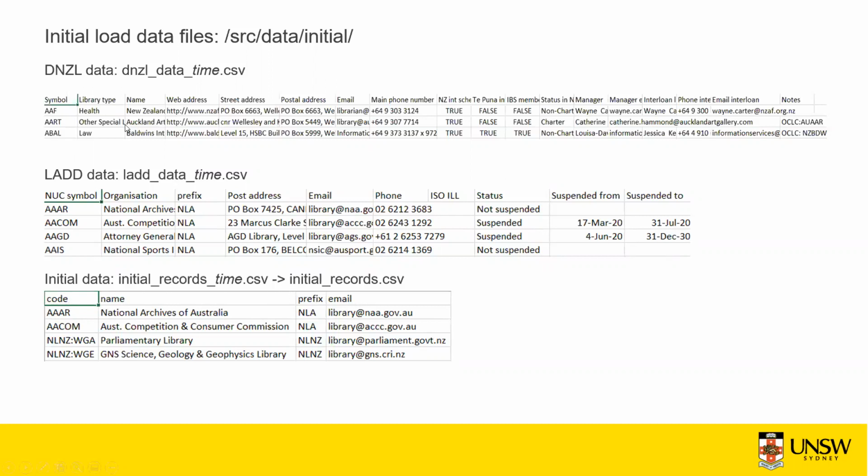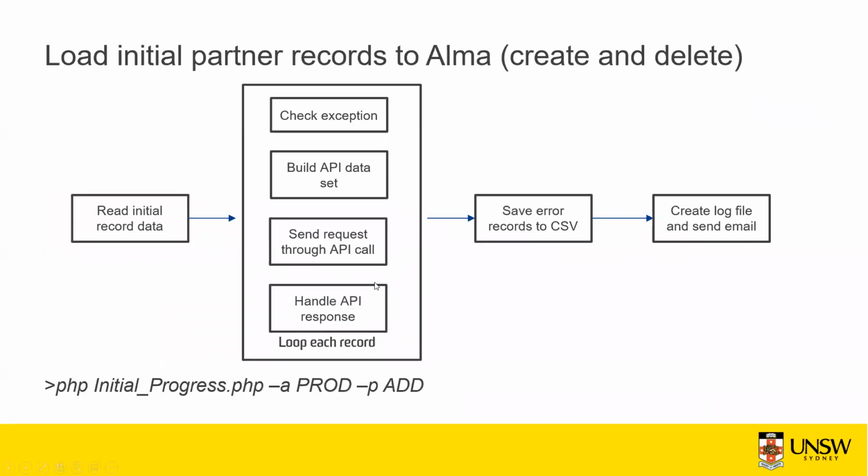The script combines those two data files and puts the result into this CSV file with the time the script was run. You can check this data file, and if it looks okay, rename it to initial underscore record. That's the final data file for the next step. And step 2 is to load the initial partner records to the Alma system.